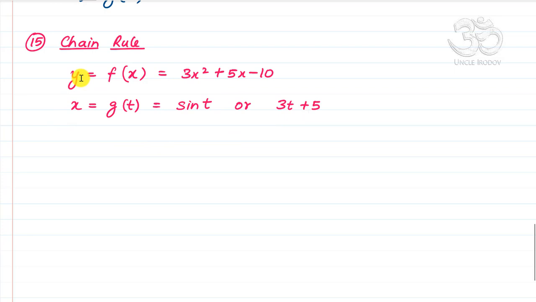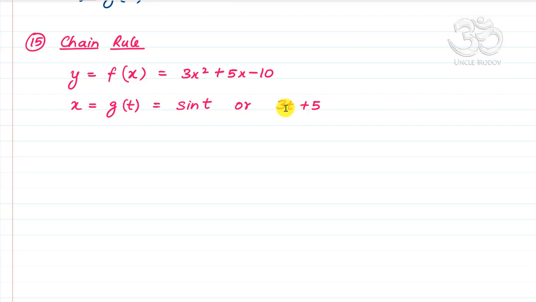And what I'm interested in asking is, what is the rate of change of y whenever I change t by a certain amount? Yes. And I'm interested in the rate of change of y with respect to t.